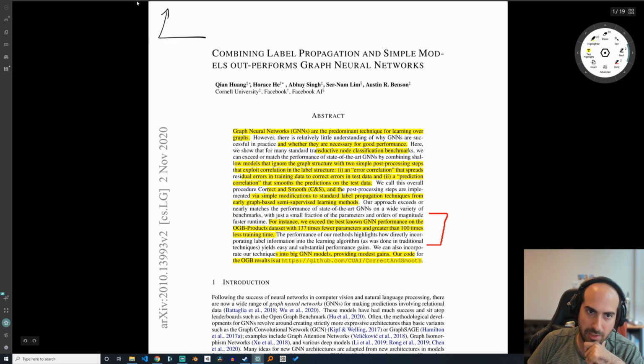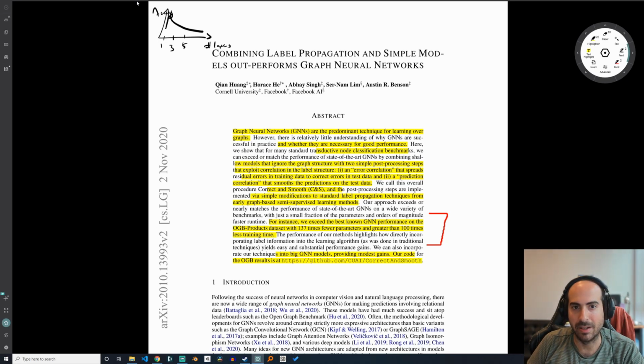The plot looks something like this: you have the number of layers and then accuracy. Let's say at 3 layers it's great, but at 5 it starts to degrade drastically, and 1 isn't all that good.